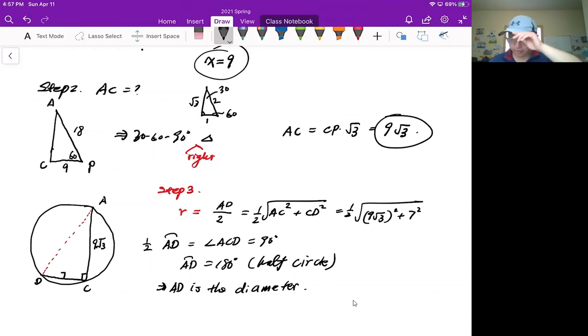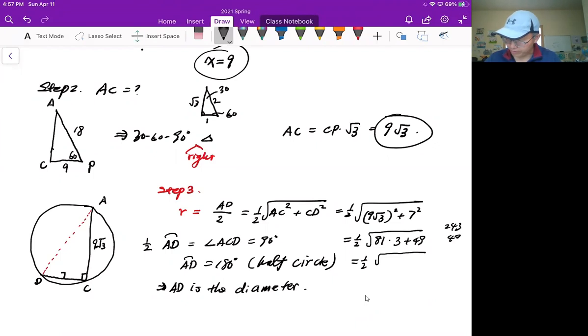That's 81 times 3, and then plus 49. Well, it's just a little bit tedious, but let's do it. So 3 times 81 is 243, and 49, that's 292.